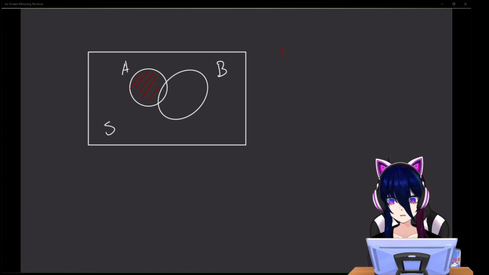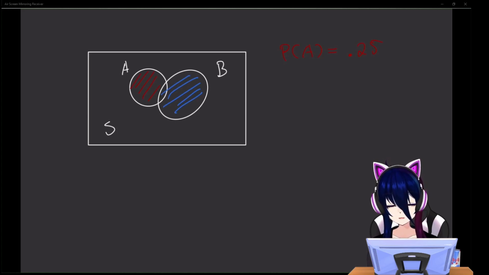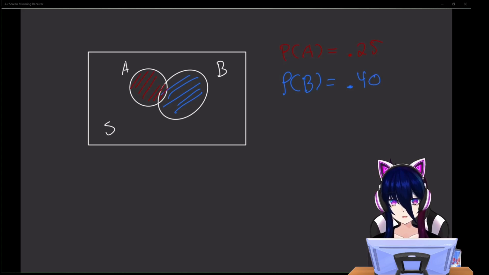Like, probability of A is equal to 0.25. Okay, well then we also know that B here takes up a certain section of our square. The probability of B, we'll say, is something like 0.40. Seems reasonable enough.